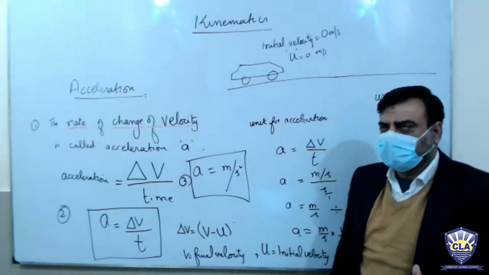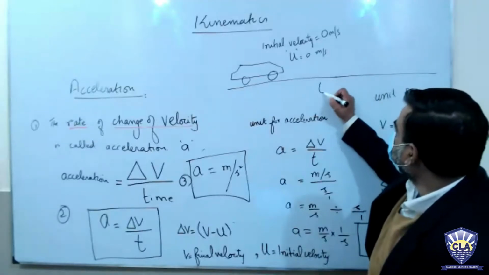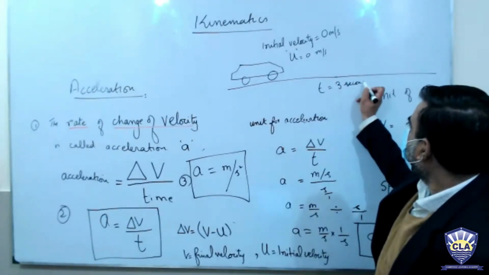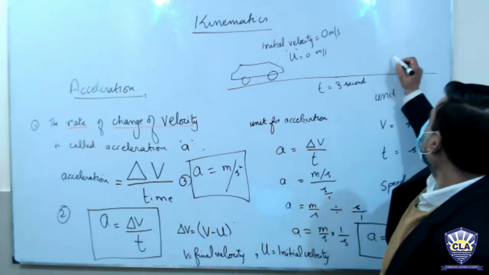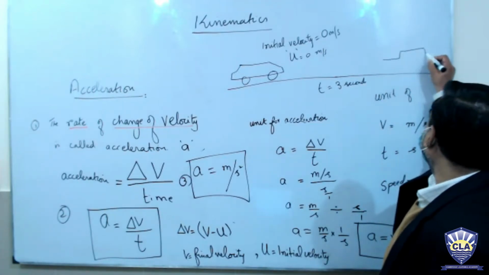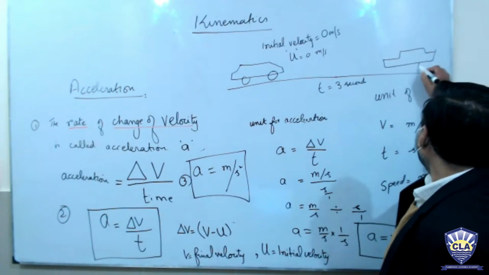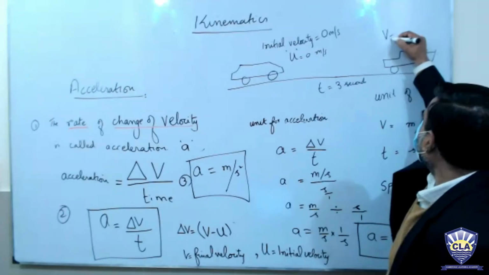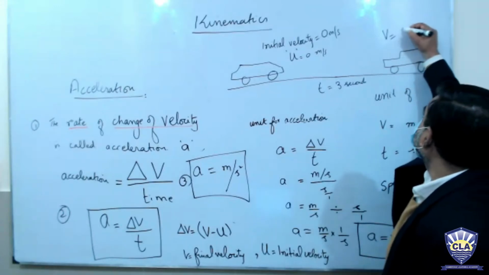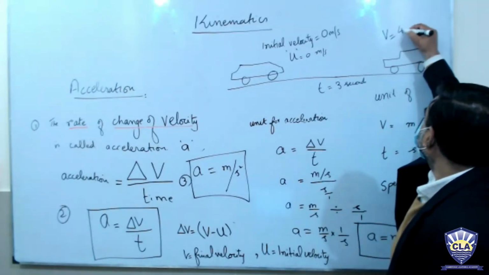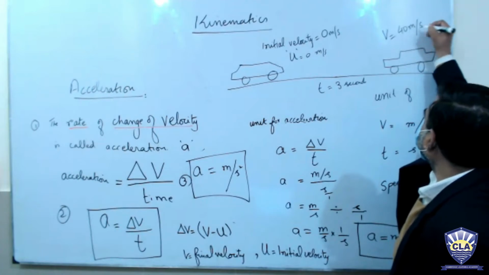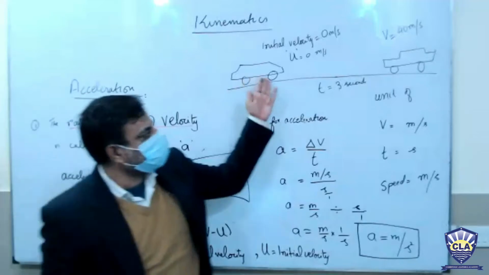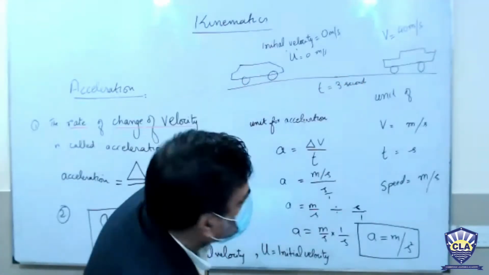So let's suppose after 3 seconds, the car attained the speed of 40 meters per second. Can you find the acceleration produced in it?